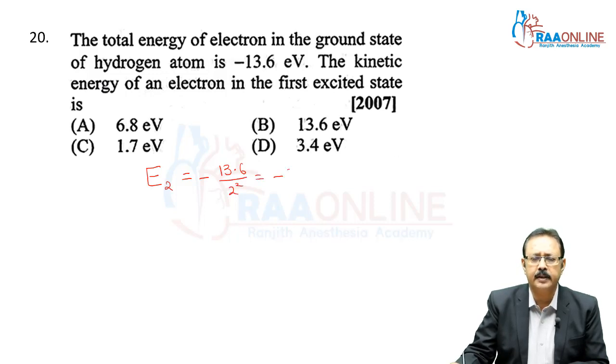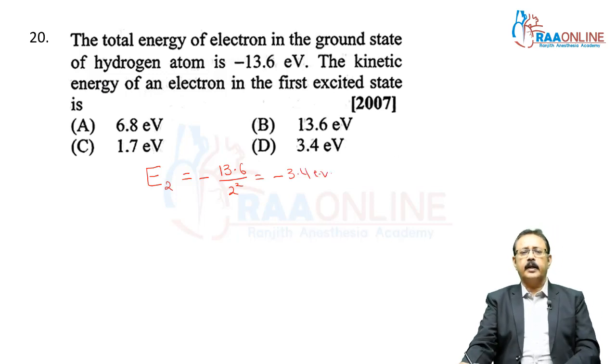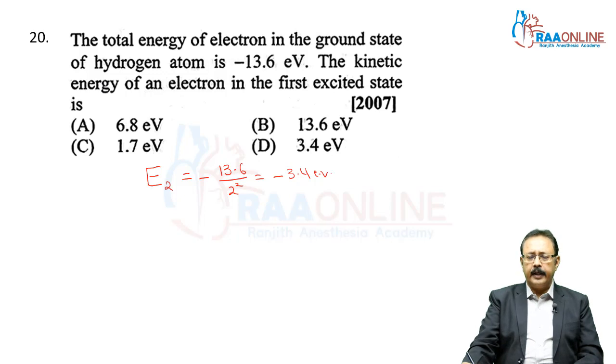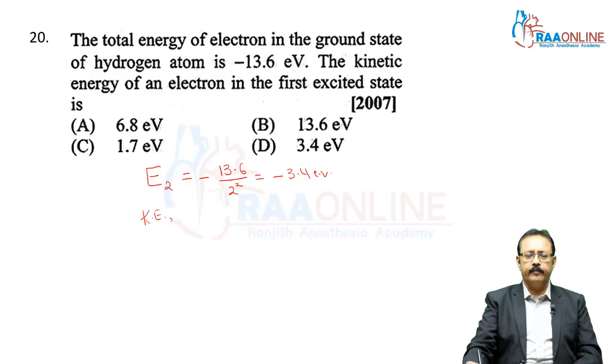So it is minus 3.4 electron volt. So total energy in first excited state is this, and kinetic energy in this, we know that modulus of total energy. So remove the minus sign. What we are getting? 3.4 electron volt. So we are going with D option.